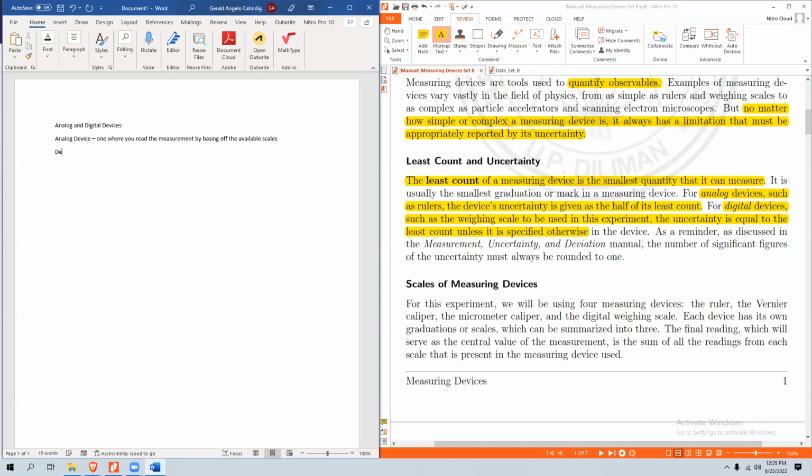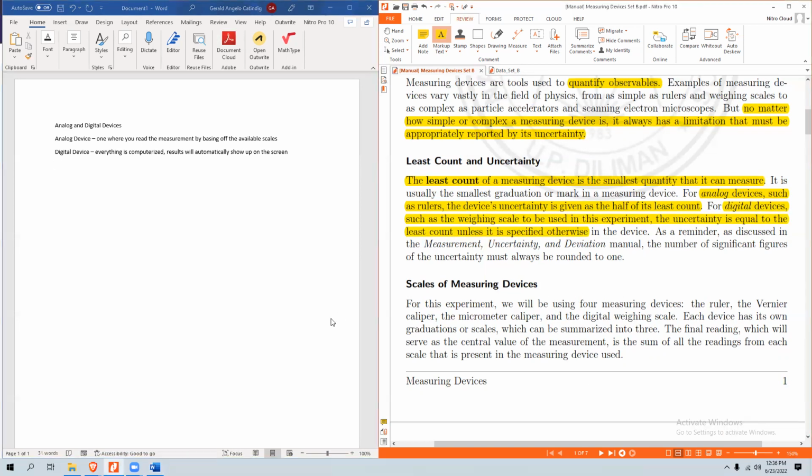On the other hand, you have your digital device. Everything is computerized. Results will automatically show up on the screen. So you don't really need to do any thinking or comparing if your measurement is correct. What you would do here is just read it and that would be your measurement.